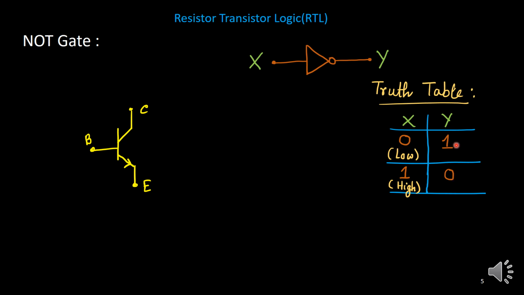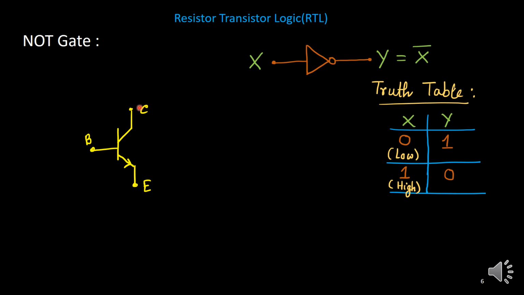It is just inverted: 0 becomes 1, 1 becomes 0, which is why it is called an inverter, or a complement. Y is the complement of X, so we can write Y as X bar. Whenever you apply 0, you get the opposite, 1, and if I apply 1, you will get 0. Now, how do we design this NOT gate using resistor transistor logic?